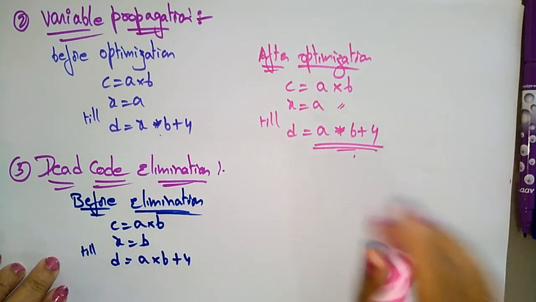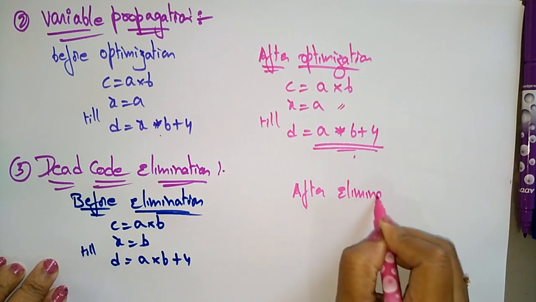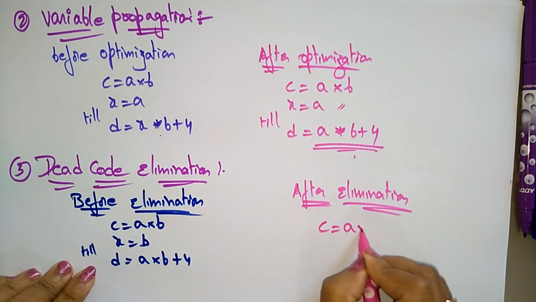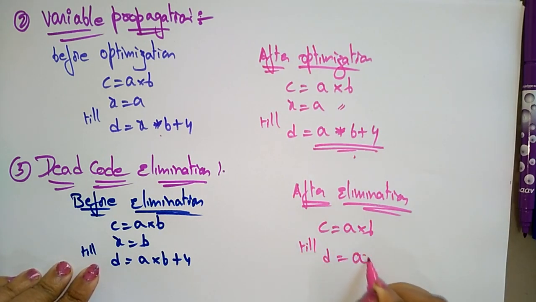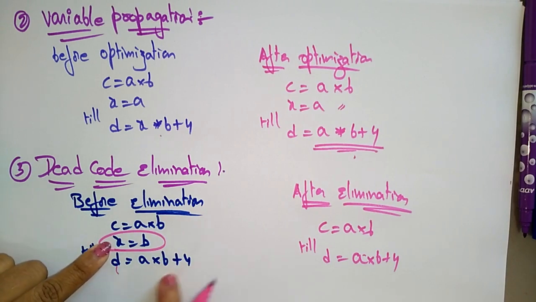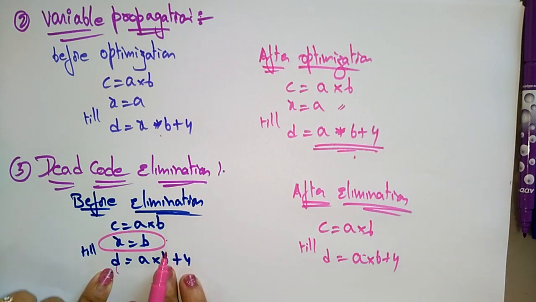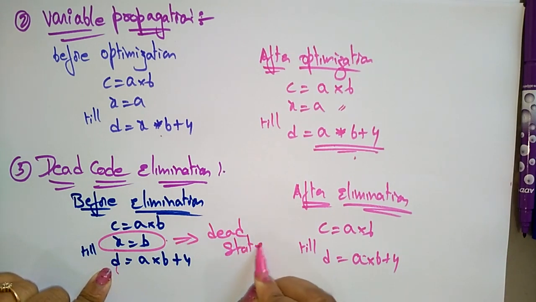Now let's see after elimination, you are going to eliminate the code: C is equal to A into B till D is equal to A into B plus 4. Did you eliminate this? Because here we are not using X is equal to B. We have directly written A into B plus 4. Then what is the use of X is equal to B? So this you call a dead state.